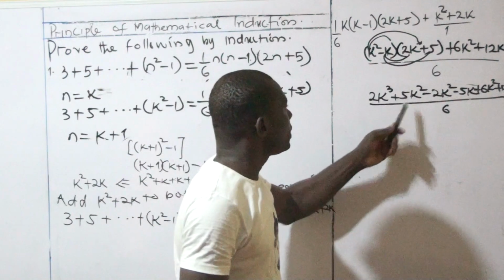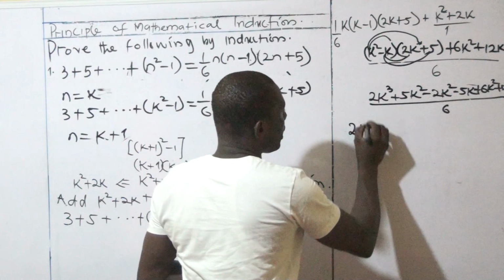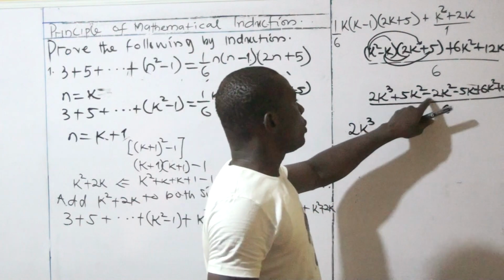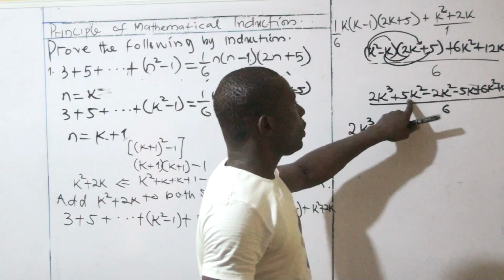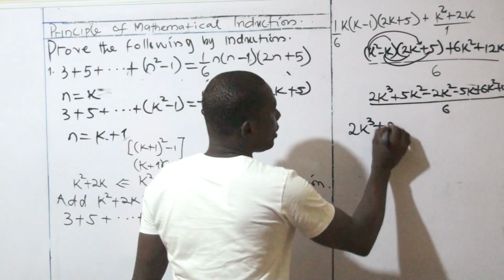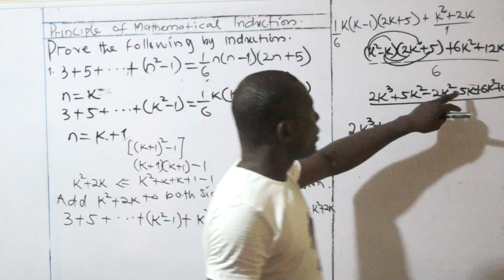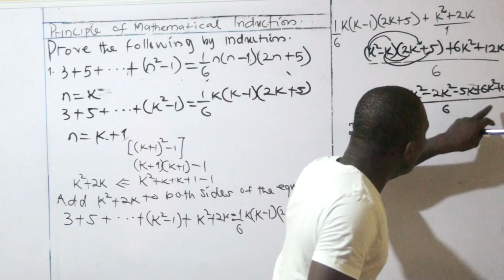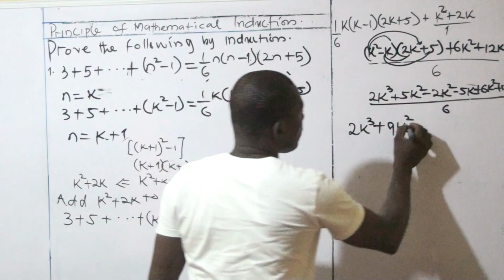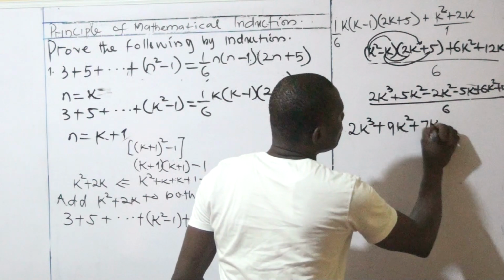I will start with this. We have 2k cubed, 5k squared minus 2k squared, that will give us 3k squared, plus 6k squared, that will give us 9k squared. Here we have minus 5k plus 12k, that will give us plus 7k.